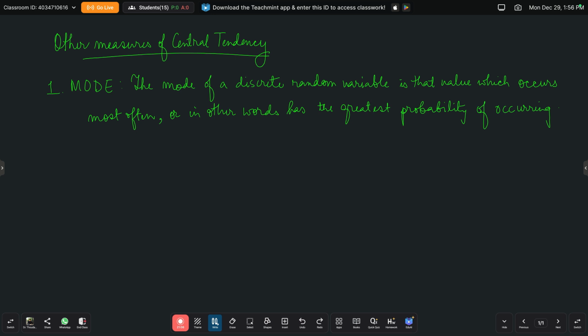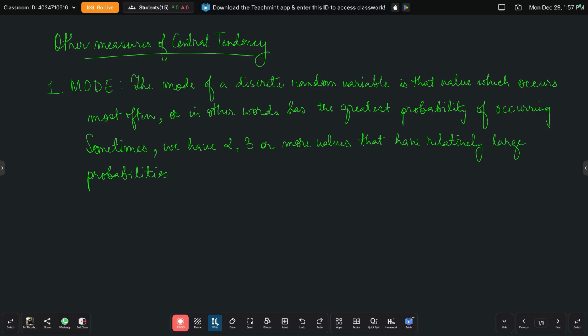Sometimes we have 2, 3 or more values that have relatively large probabilities of occurrence.